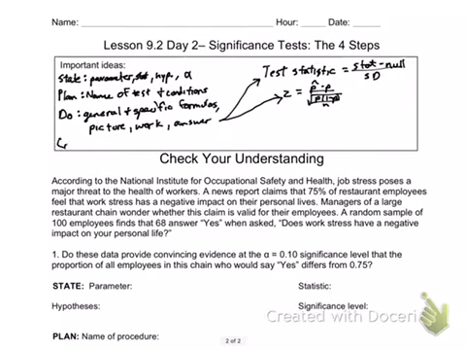And then conclude. Here it says we do or do not have convincing evidence, and then the main idea is, I'll just add this also, reject the null.